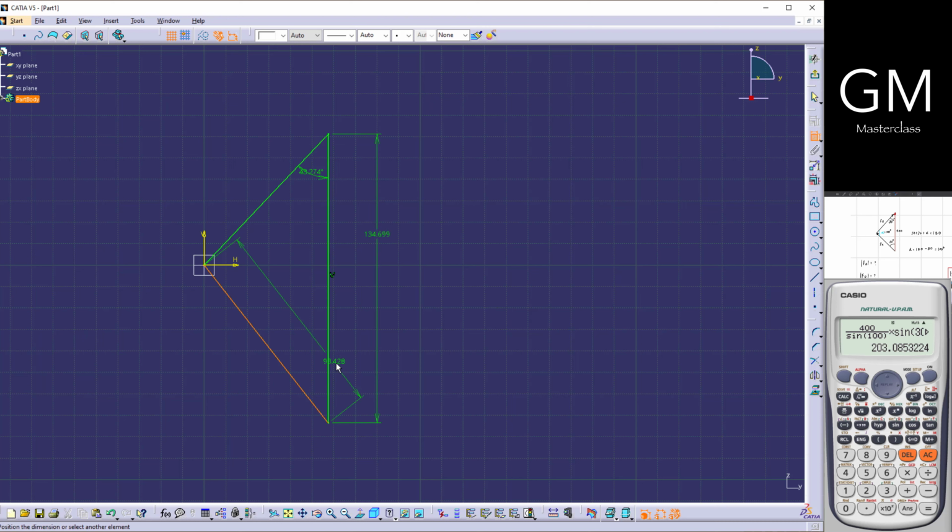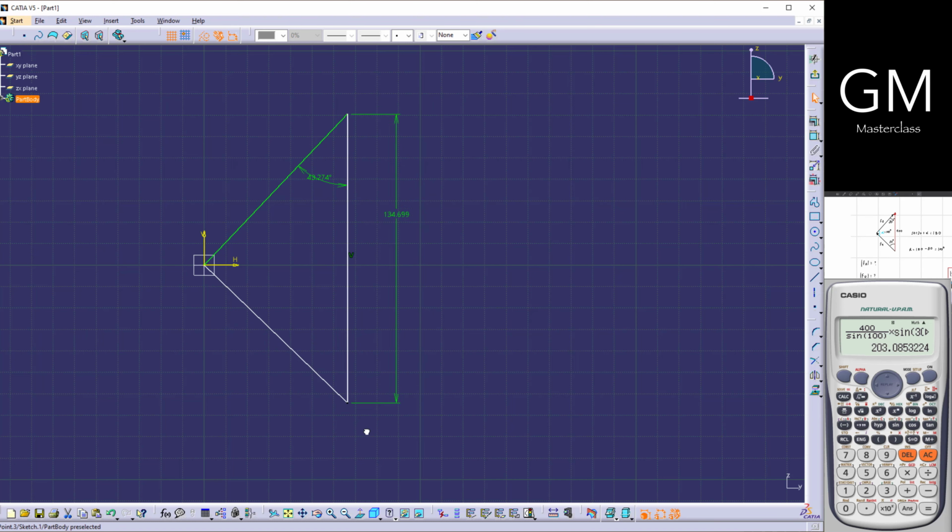Here I have this angle, and right here I have this angle. Right, as you can see, it is showing me in green the lines because everything is defined. That means that I cannot move anything. If I, for example, do not have this angle, then I would be able to move this, as you can see.